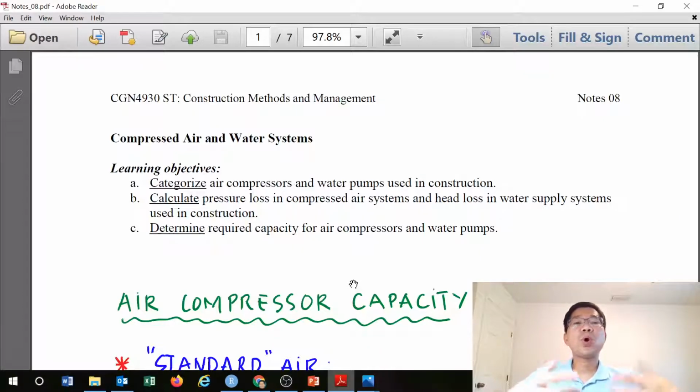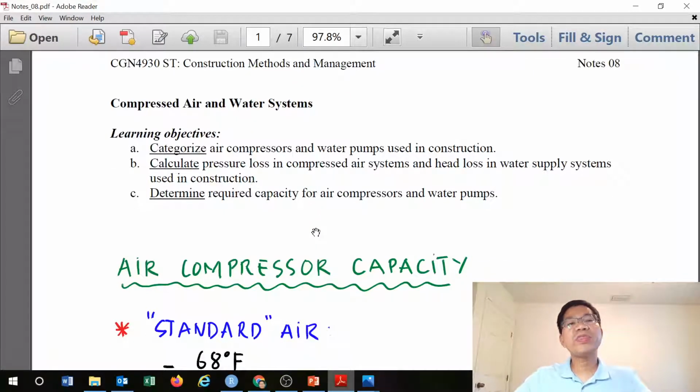That requires the knowledge you learned in hydraulics, and also in fluid mechanics. So with that, we have 3 learning objectives for today. The first one is to categorize the air compressors and water pumps used in construction.